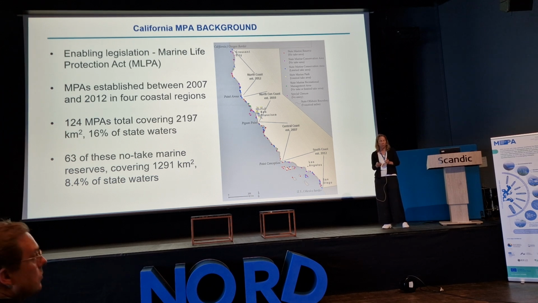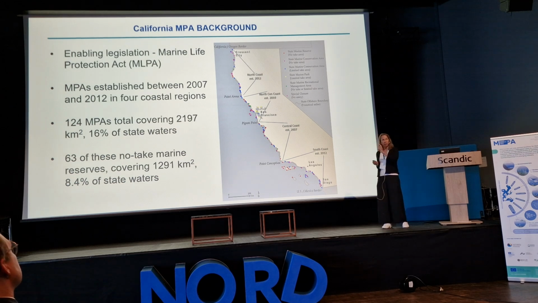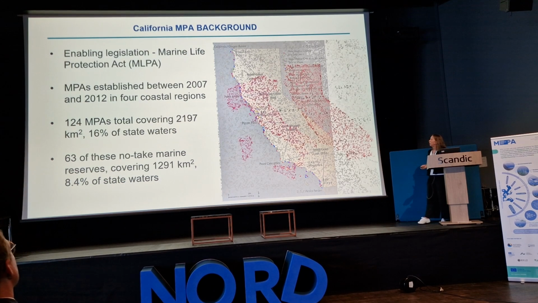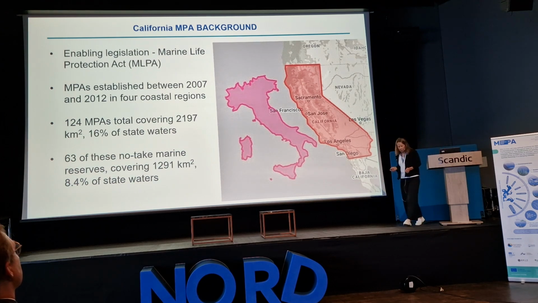The first one failed, the second one failed, and the third one succeeded, and that's what I'm going to talk about today. And if you're interested in why those first efforts failed, happy to talk to you about it. Failure is important.